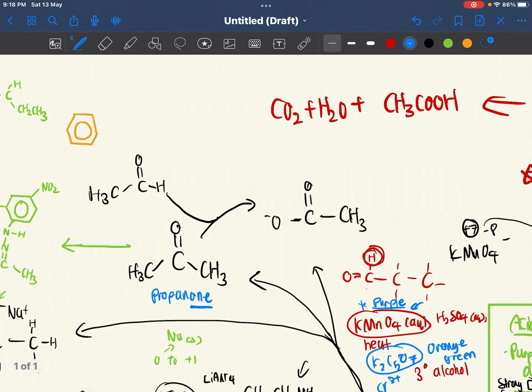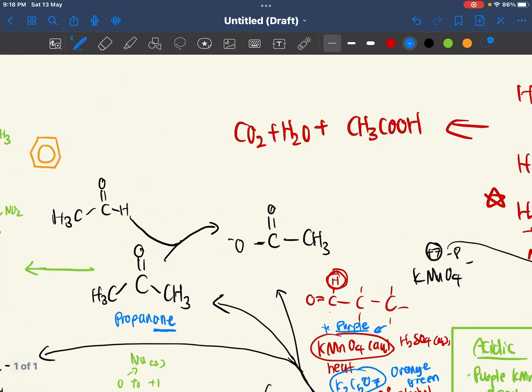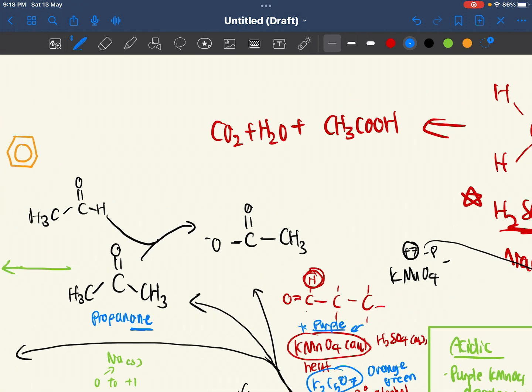So from propanone to this compound over here, we'll do the iodoform reaction, which is an oxidation. So we have NaOH, aqueous iodine, as well as warm.